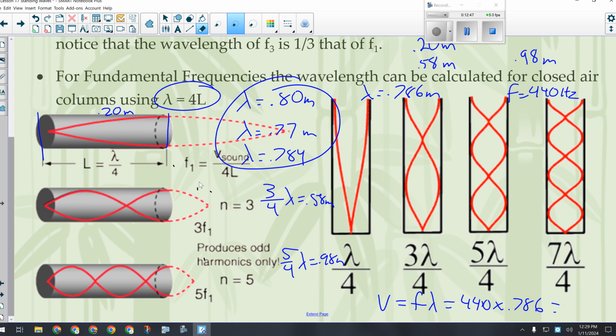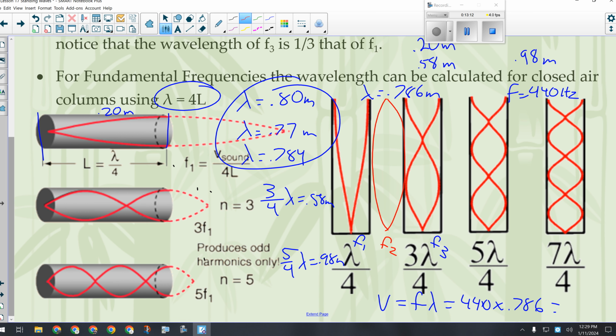The first place where I get a loud sound, the waveform looks like this, and that's F1. This is F3. What's the shape of the wave in that tube at F2? What's at the top? Yeah, a node.